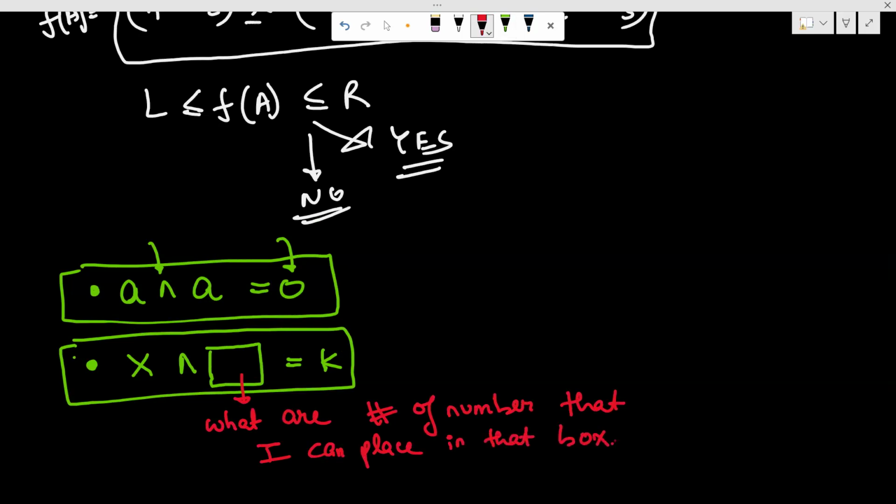Do you all get the question? The question is that I have told you that I have one number x. I am doing the XOR of this number with some unknown number, and the result I am getting is k. So tell me how many numbers I can put over here. I am not asking you what number, but how many numbers.